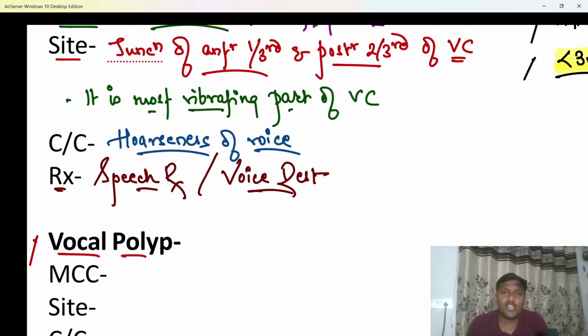You will send the patient definitely to a speech therapist. He will learn some exercises and that patient will actually learn how to speak without more strain on the vocal cords. Got it? So even if he is speaking for long hours, beta, there will be less strain on the vocal cords. Okay? So the two primary management in a case of vocal nodules or teacher's nodules is voice rest and then followed by speech therapy should also be given.